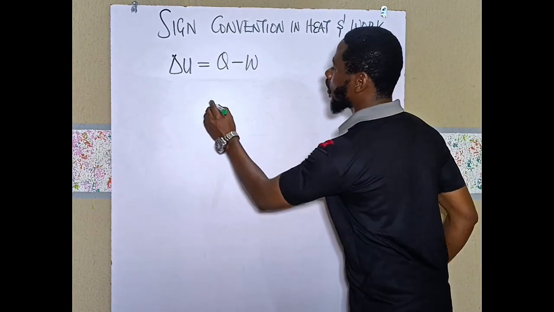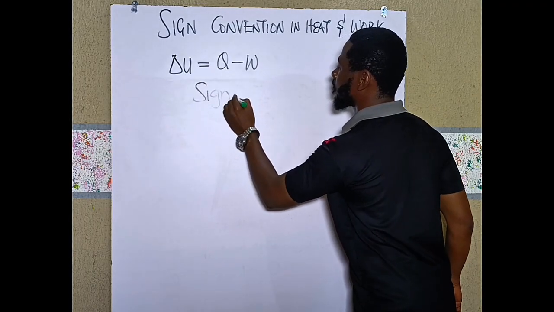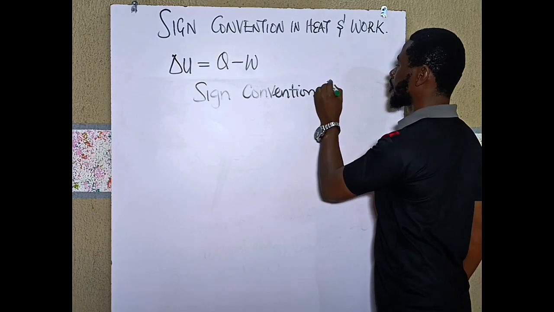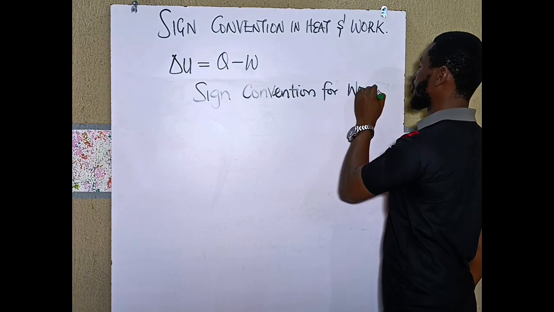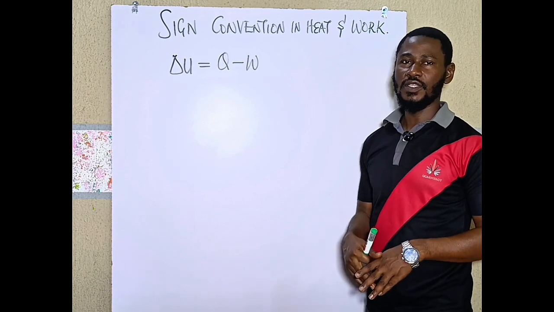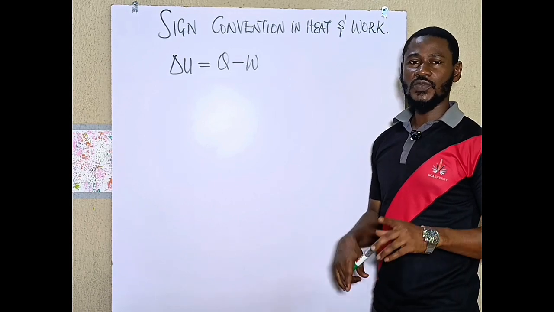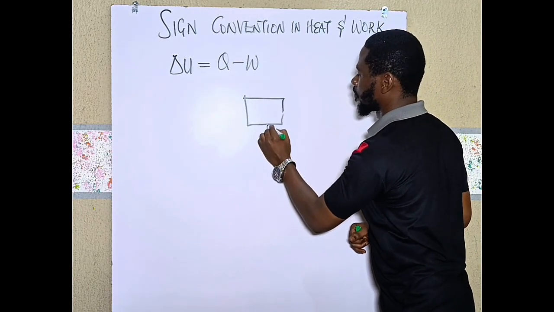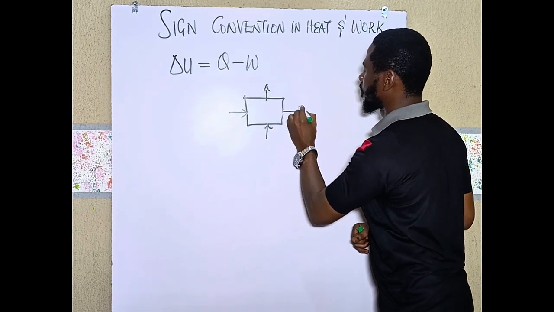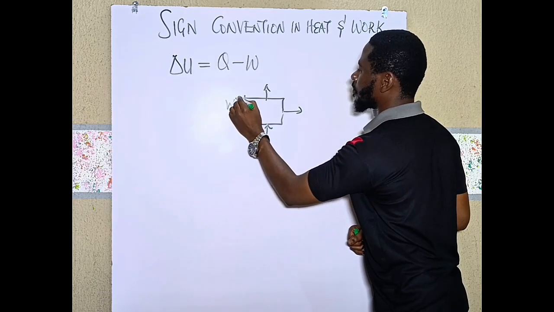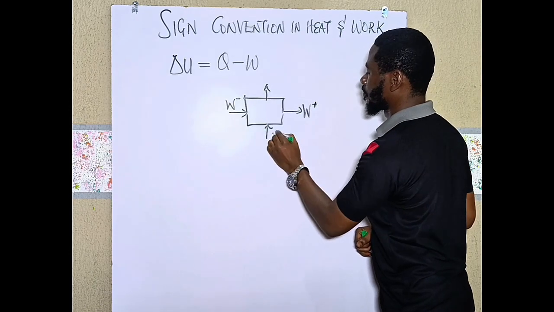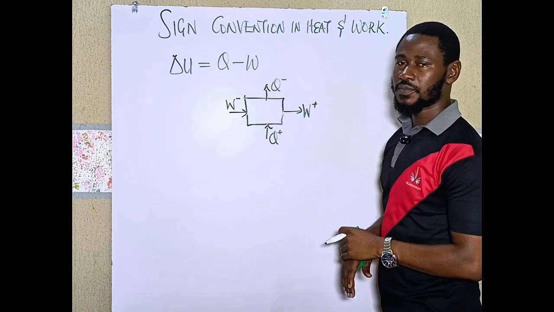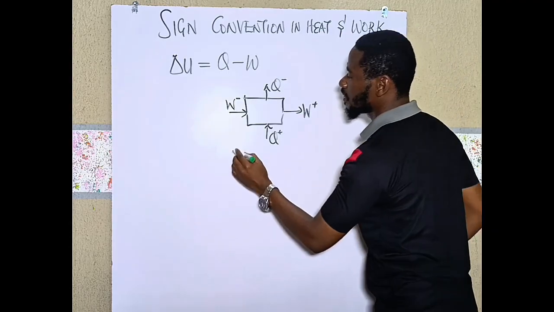Sign convention for work. The sign convention for work is what we are about to do now. Let's refer to the figure above. When work is done from the surroundings to the system, it is taken as negative.